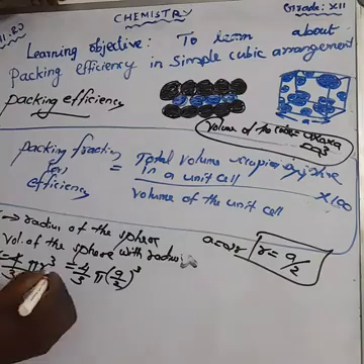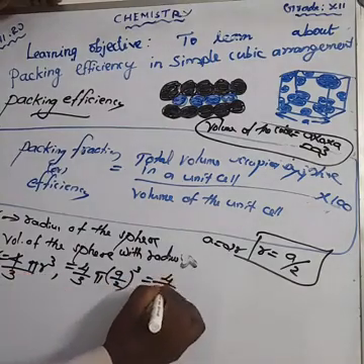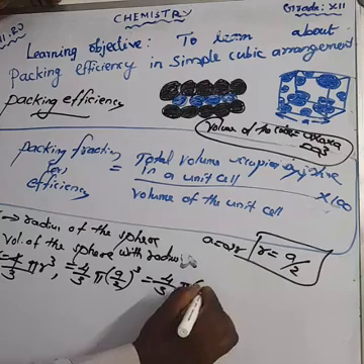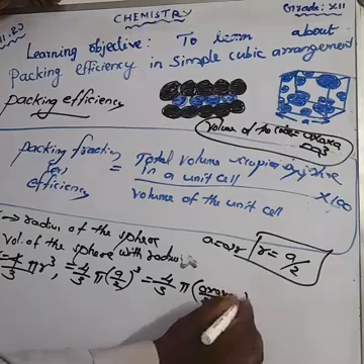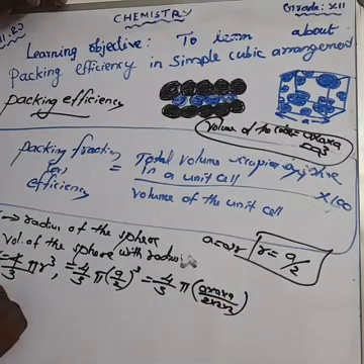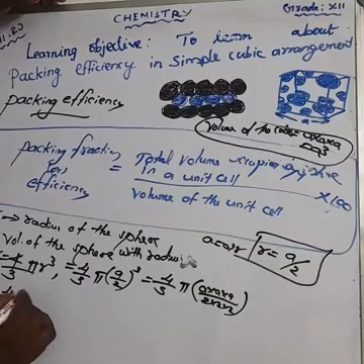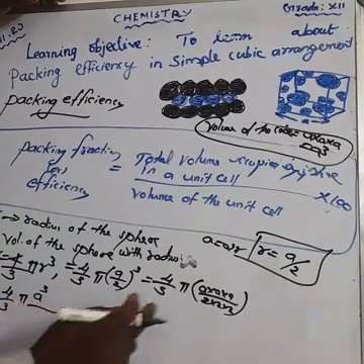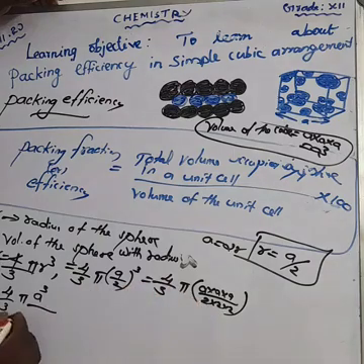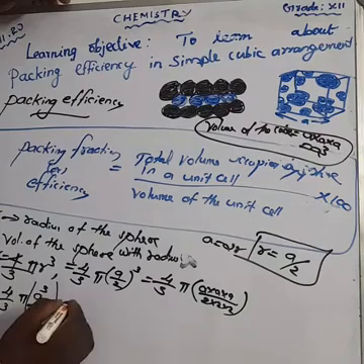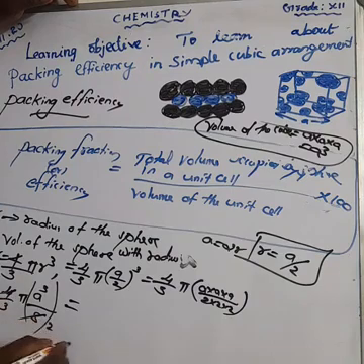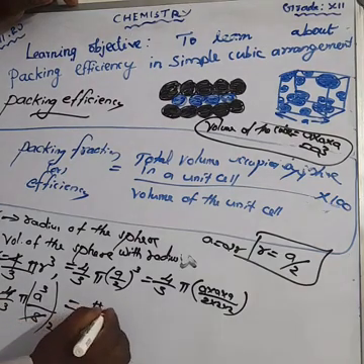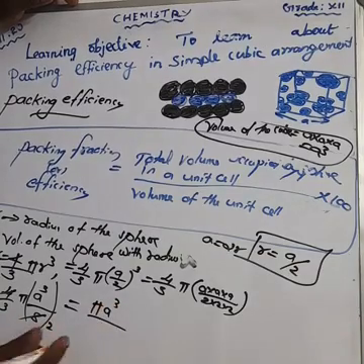So, how will you write? That is equal to 4 by 3 pi A cube divided by 2 into 2 into 2, that is 8. 4 by 8 cancels to give 2, so we get pi A cube divided by 3 times 2, which is 6.